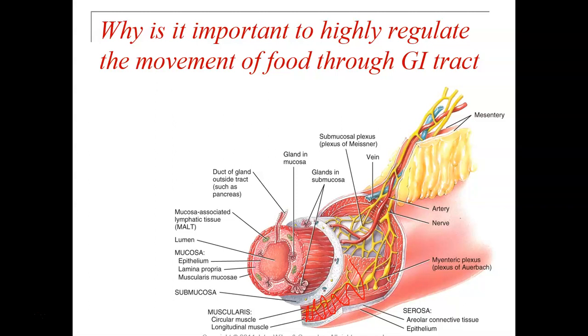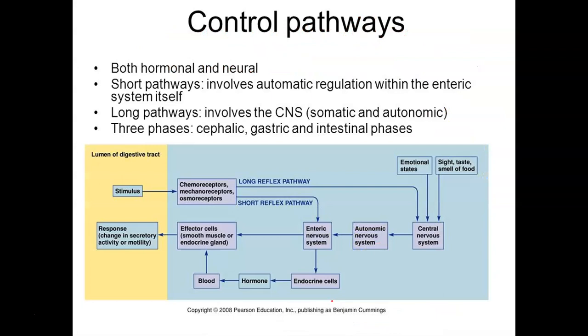But because of the submucosal and the myenteric plexus, we can ensure that as the food moves through, the various glands in the submucosa secrete mucus, or hydrochloric acid, or whatever it happens to be. So these are the actual mechanisms that control both plexi.